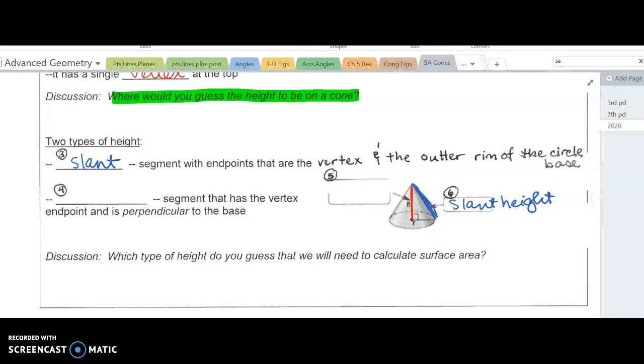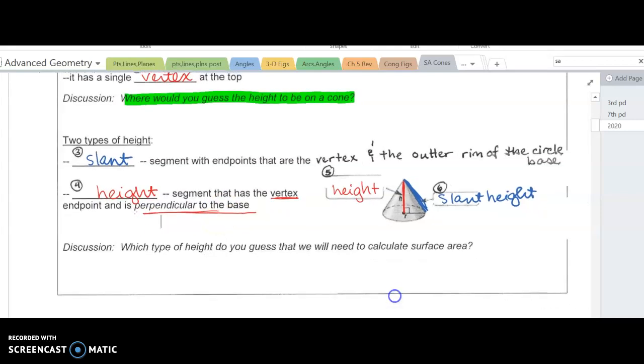Versus plain old height, which is what we're used to thinking of with other shapes, is the one going up the middle, the one that's perpendicular to the base, right? So it starts at the vertex and is perpendicular to the base. That is the actual height.